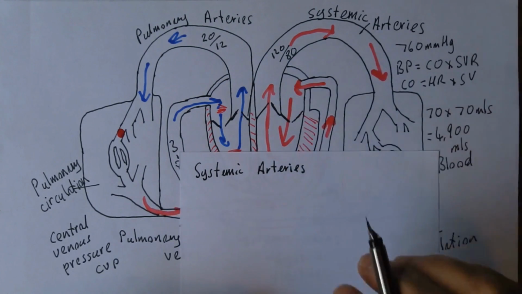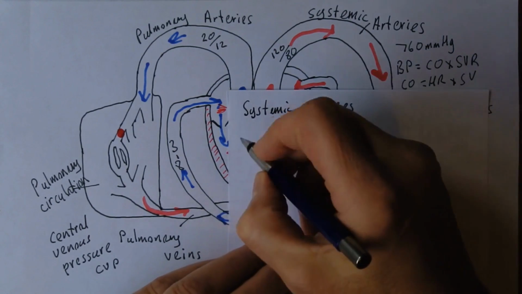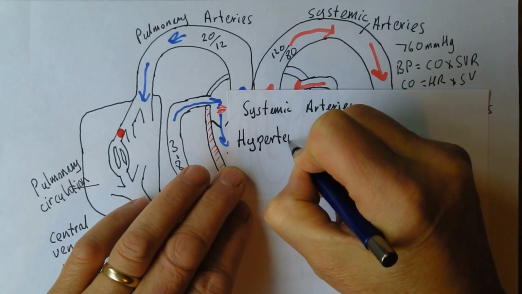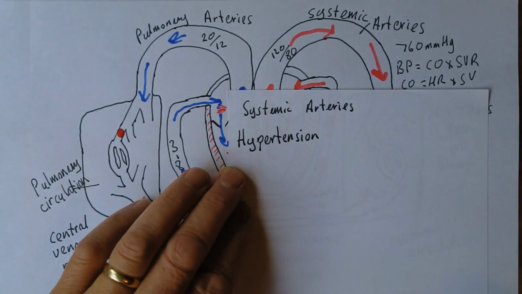So we notice the normal blood pressure there, and there's a common condition called hypertension. Hyper, of course, is high. Tension means pressure. So blood pressure can be too high.